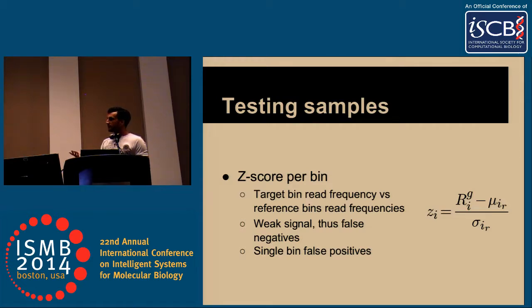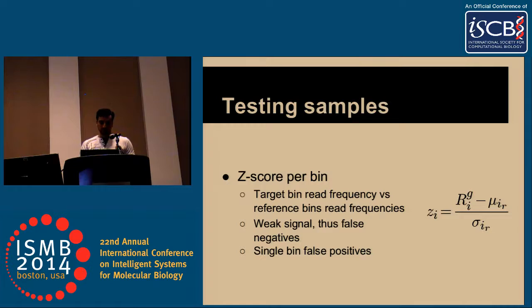The problem is that if you just apply the z-score on this one bin, the signal from the child, so the fetal DNA, is quite small, so you do not always have enough deviating scores to actually call the aberration whether it's there. Also, whenever the mother has an aberration, so a very short spike, she may have a duplication somewhere within the bin, and therefore you can end up having a lot of single bin false positives.